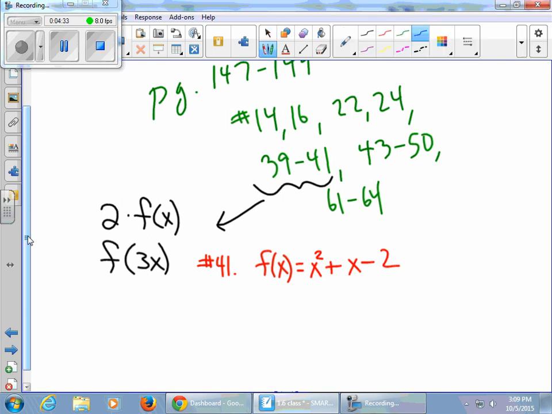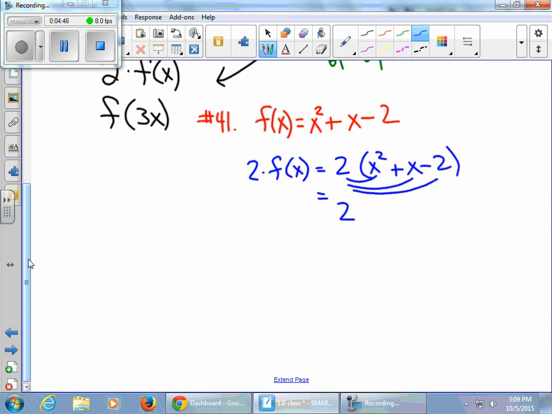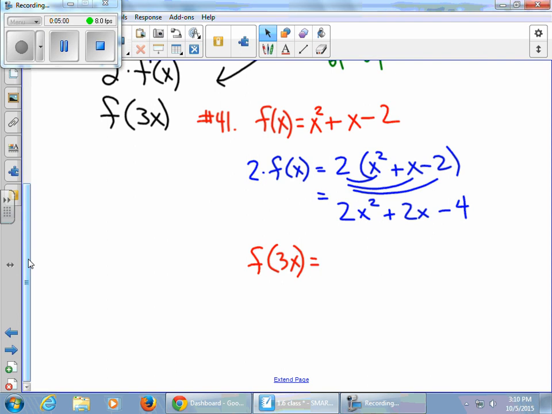If I do 2 times f of x, it's going to be 2 times that function. So if you distribute that, you'll get 2x squared plus 2x minus 4. Horizontally shrink it by a third, you're going to do f of 3x. So wherever you see an x, you put 3x.